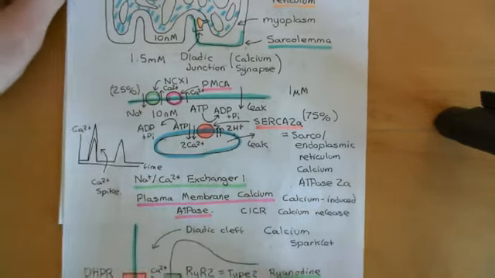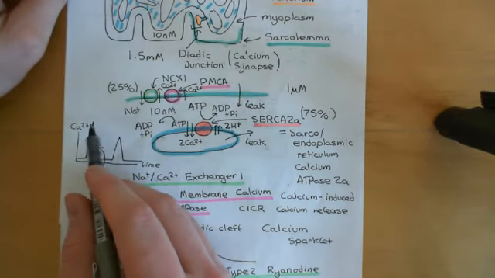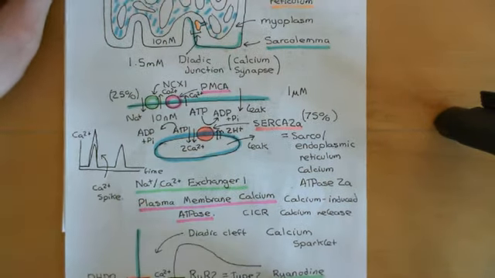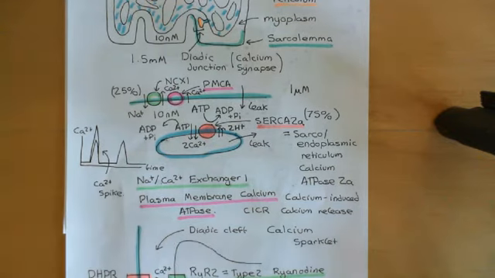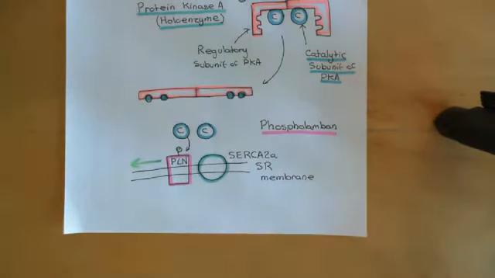That means the calcium spikes go up in amplitude. And a greater amplitude calcium spike is going to recruit more cross-bridge cycling and therefore a greater force of contraction.